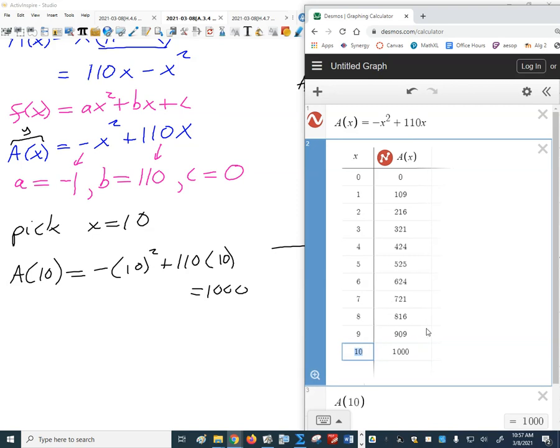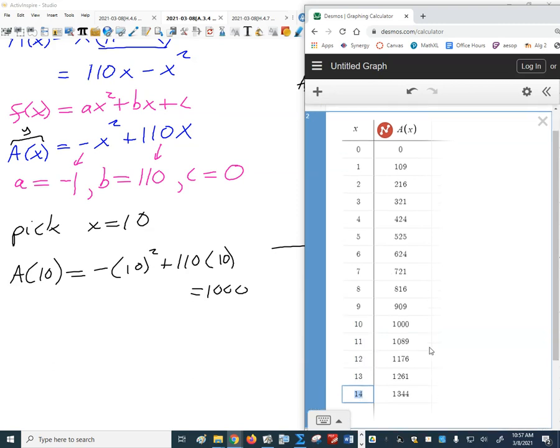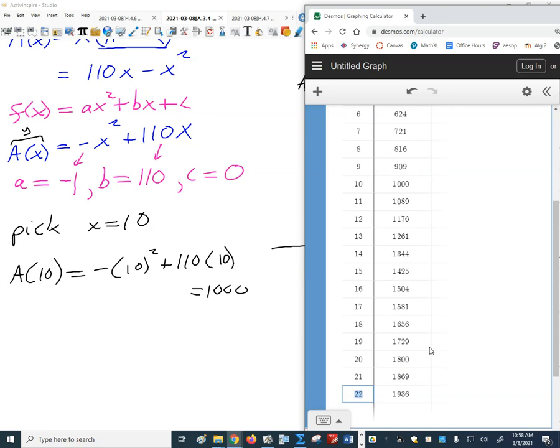Okay, we left off on 10. 10 was 1,000. If I keep going with this, look, the areas keep climbing, getting bigger and bigger. Still going up.